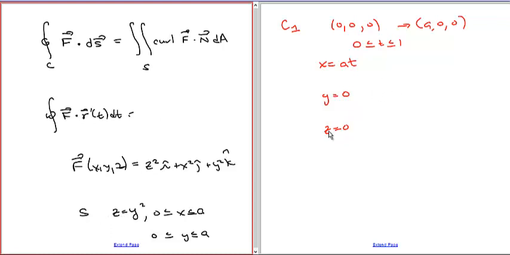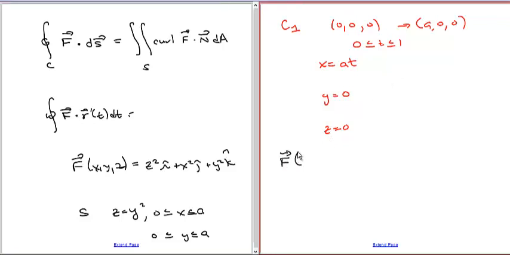Okay, so if we wanted to write the field vector along this particular curve, in this case y and z are 0. So this goes to 0, this goes to 0, and you'd have x squared j, the only term that's left.